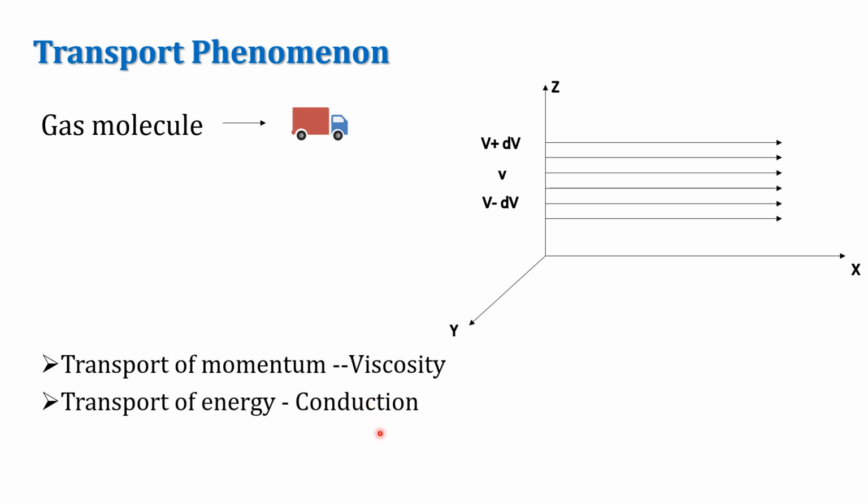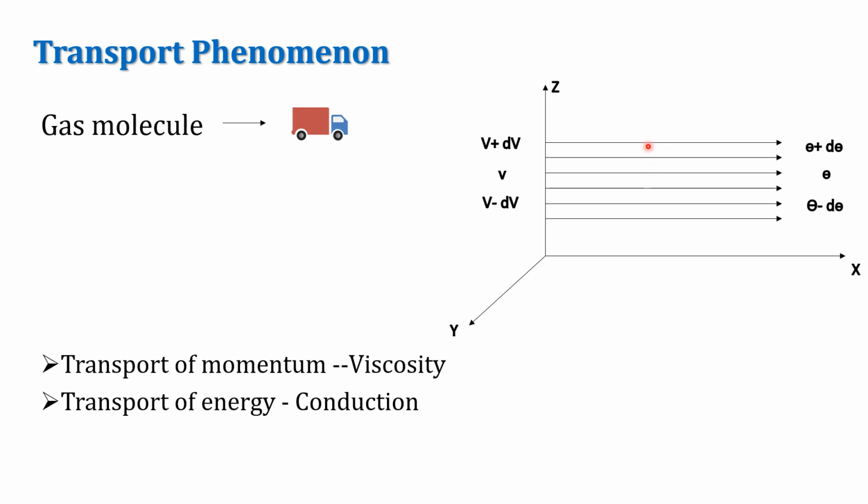In the second case, thermal conduction, if the temperature of gas in different regions is not uniform, it means the topmost layer is a hot region and the lowest region is the cold region, the topmost hot region having the highest temperature and the cold region having the lowest temperature.